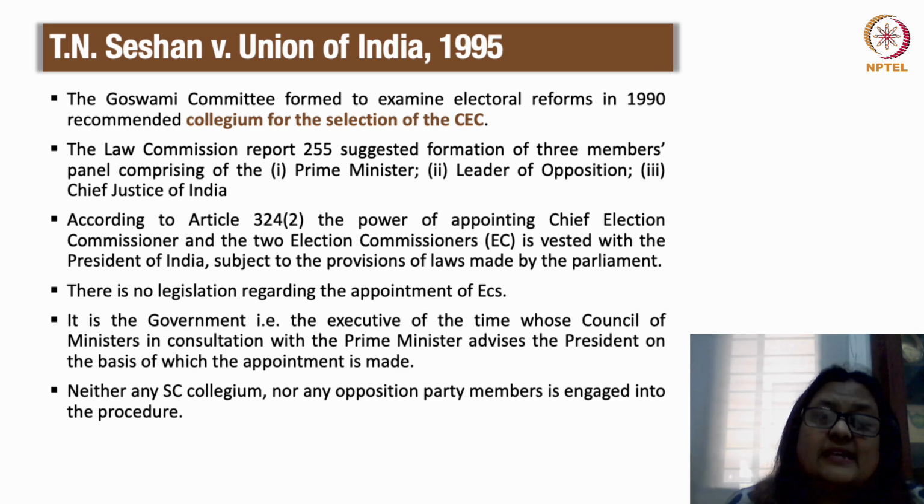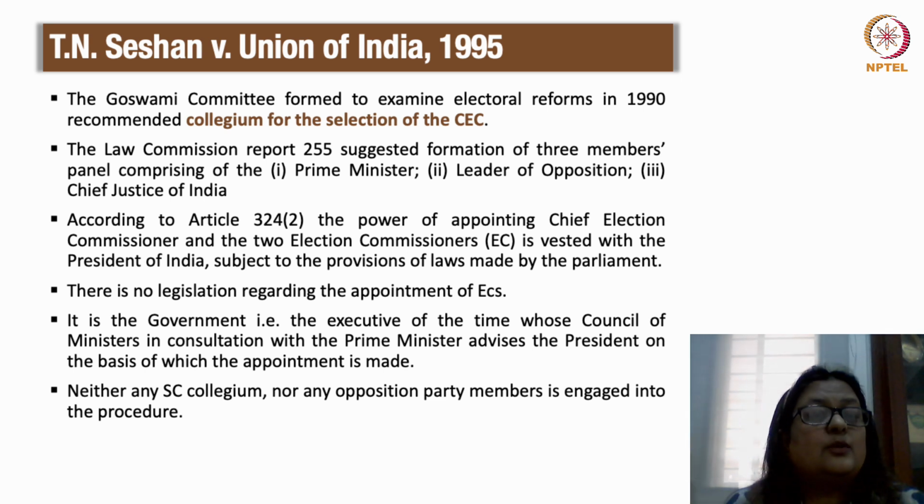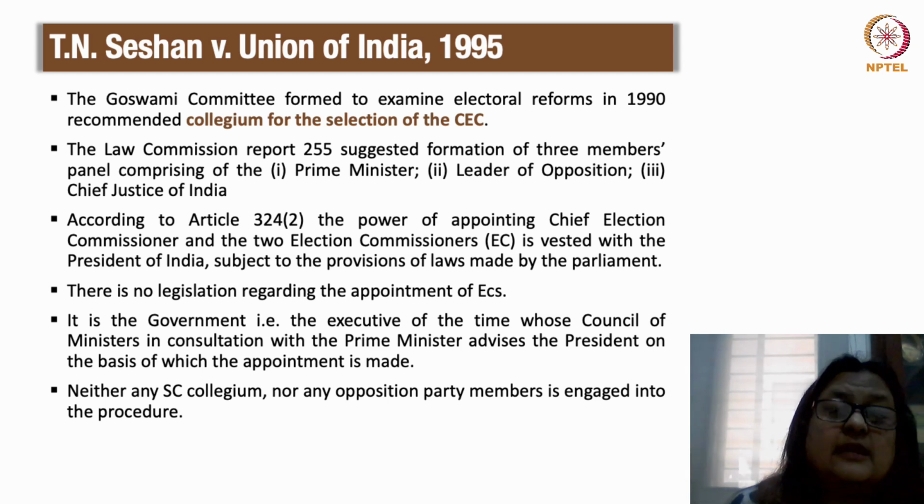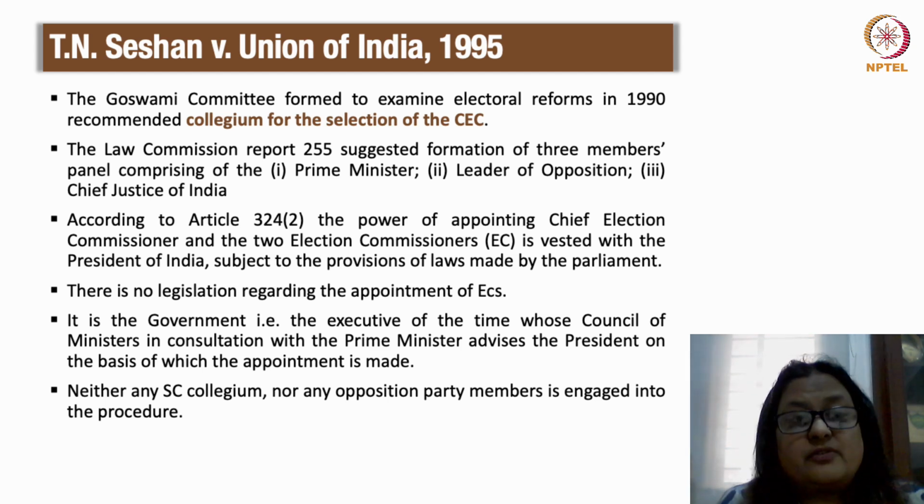Now, I've already said the Election Commission Act of 1991 does not prescribe the procedure for the selection of election commissioners. It only talks about the terms, conditions and the service rules. So the Goswami Committee recommended in 1990 that there must be either a collegium system or a proper procedure for the selection of the Chief Election Commissioner.